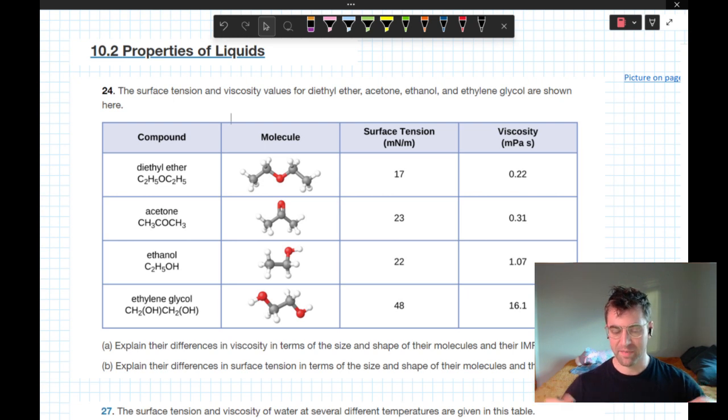That increased contact patch, but also that larger molecule is more polarizable, means that it's going to have less surface tension and lower viscosity, I guess. Yeah, so that's kind of the trend.